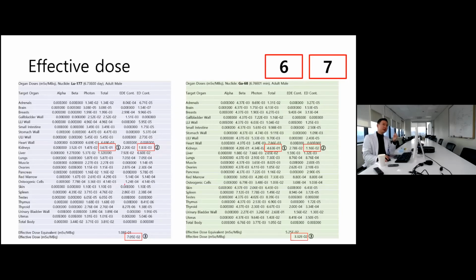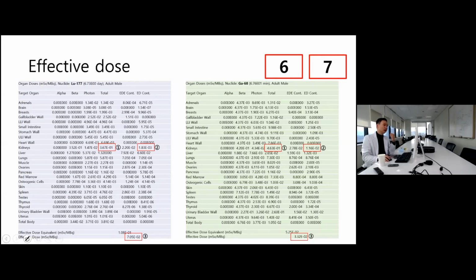Okay, so this is some result of the Olinda program after lutetium-177 therapy, and the right side is the result of Olinda after the gallium-68 PSMA study.